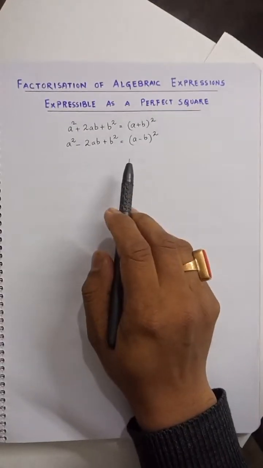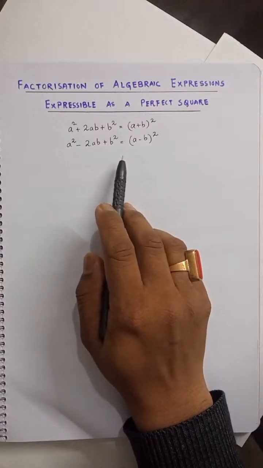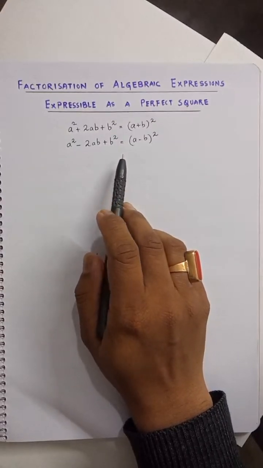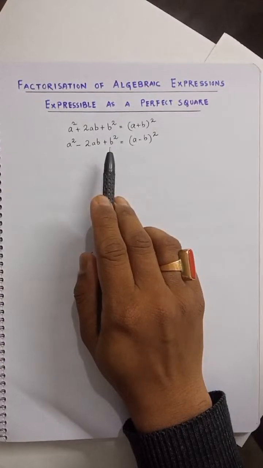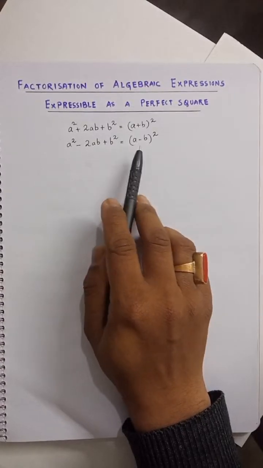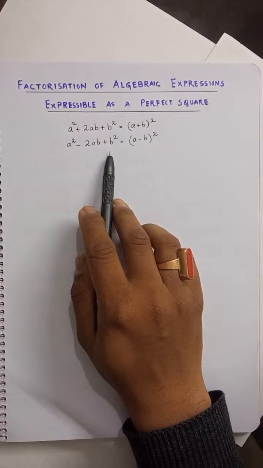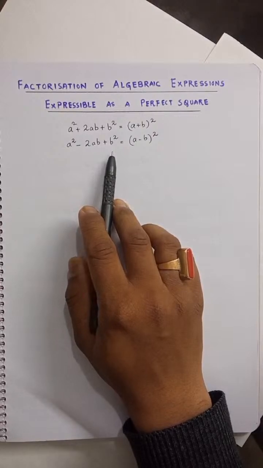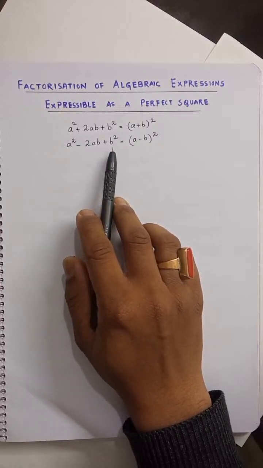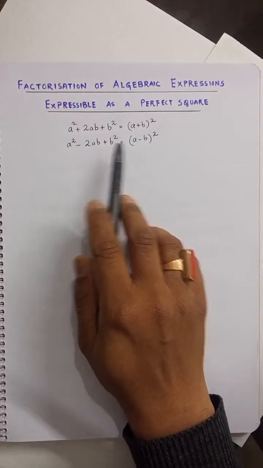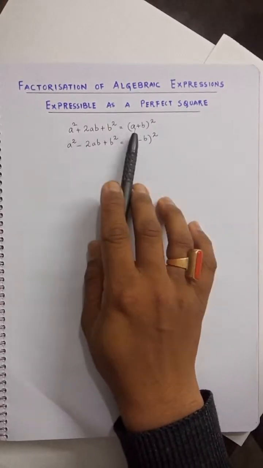This is our fourth live stream on factorization. The previous three topics have already been uploaded as videos, so you may check them as reference. Today we are going to discuss one more form of factorization, which is expressible as a perfect square.